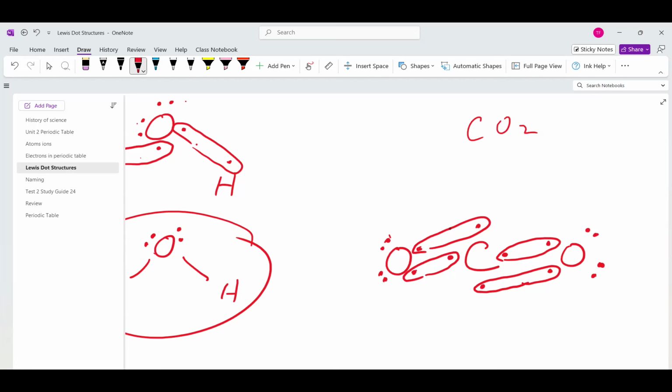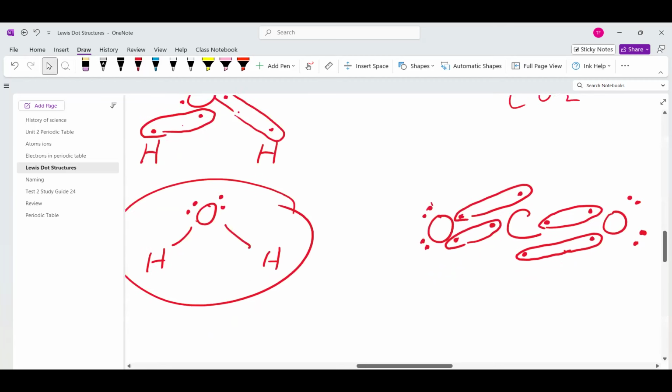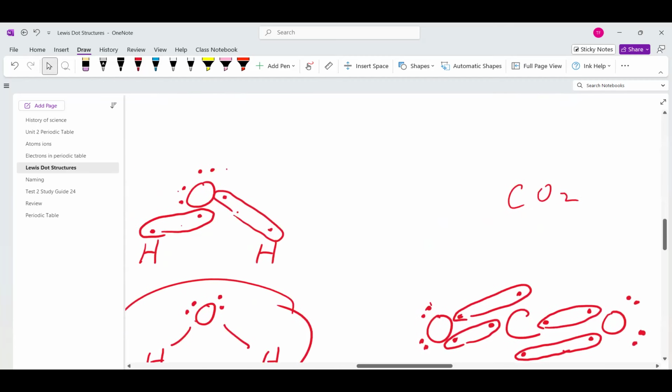Now I want you to notice something that's different from the water. The carbon-oxygen bond has 2 bonds going to it, where this is 1 bond. Same over here. So this is called a double bond. Carbon's got a combination of 4 bonds.